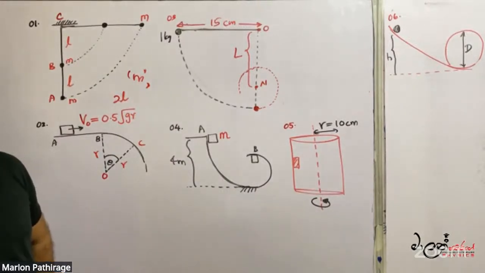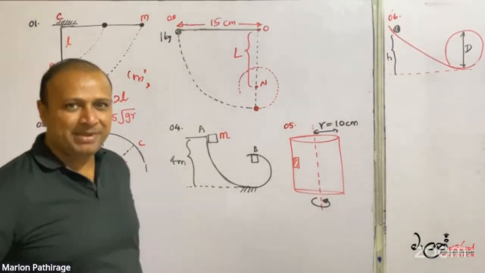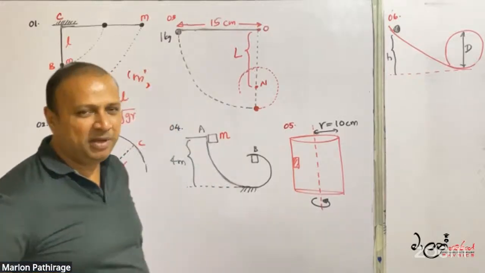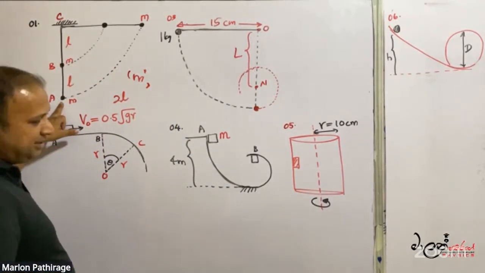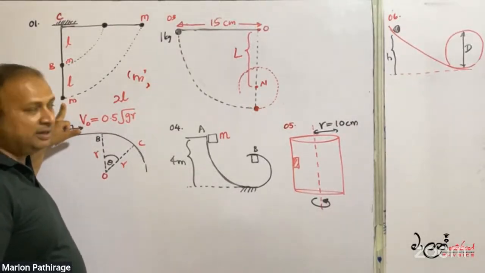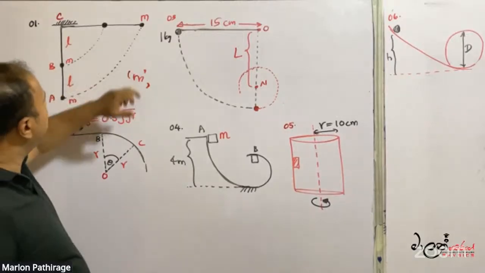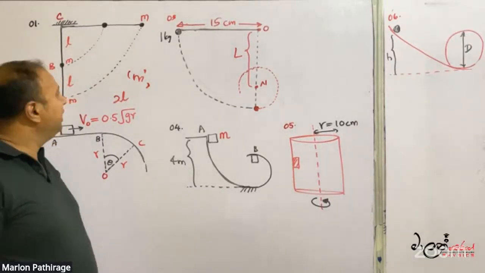Energy conservation. Okay. Yes, you can do it from energy conservation. If you consider this as the potential energy zero level, then initially the object has the potential energy of mg into 2L.